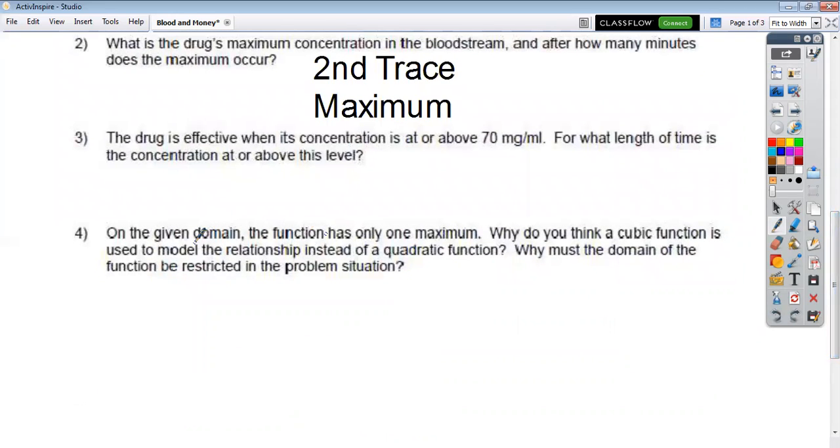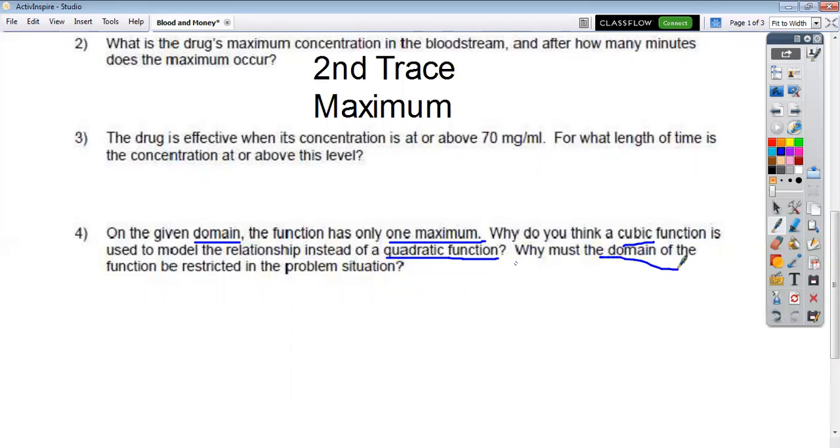Here on the given domain, so in other words, for those 140 minutes, there is only one maximum. And it's asking you, why do you think a cubic function is used to model this relationship instead of a quadratic function? So if I were you, I would see what a quadratic function looks like versus a cubic function, and you tell me why you think the cubic's being used.